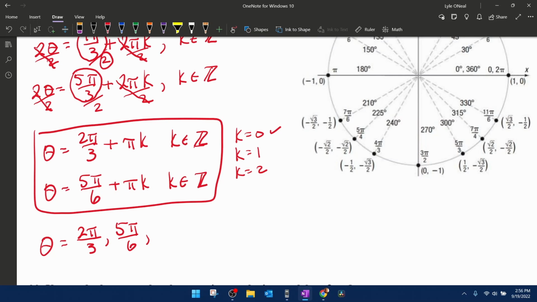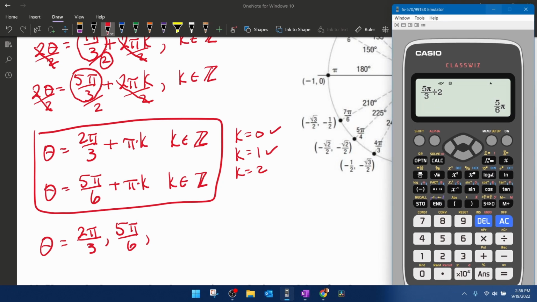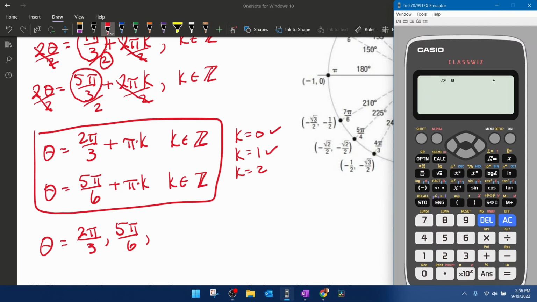And then next, k increments to 1. Pi times 1 is pi. And so our next 2 angles would be 2 pi over 3 plus pi, and 5 pi over 6 plus pi. And again, we can figure those out a lot easier on the calculator.